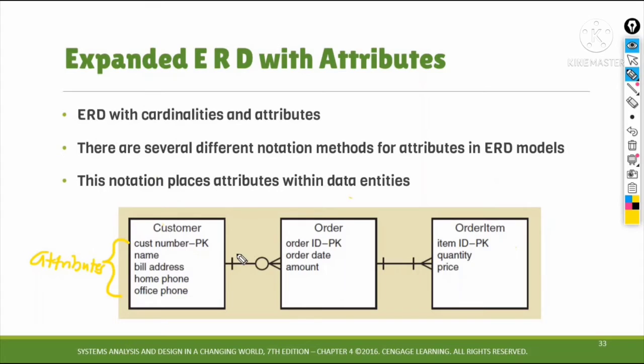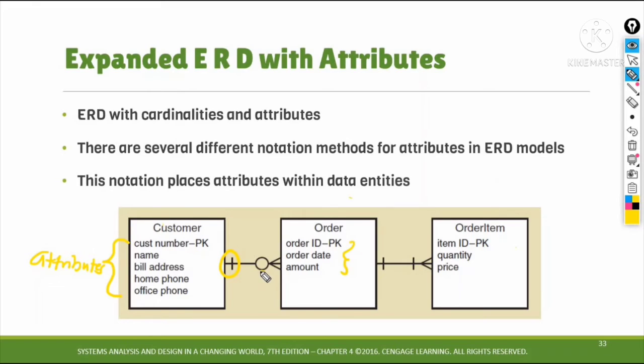And each order, this symbol here represents that there is only one customer, and then each order has an order number, an order date, and amount. And there could be more attributes regarding order.